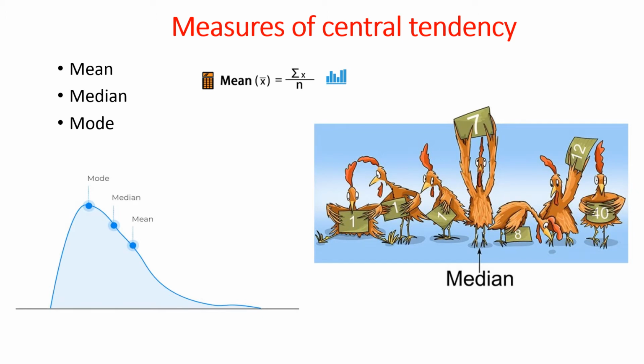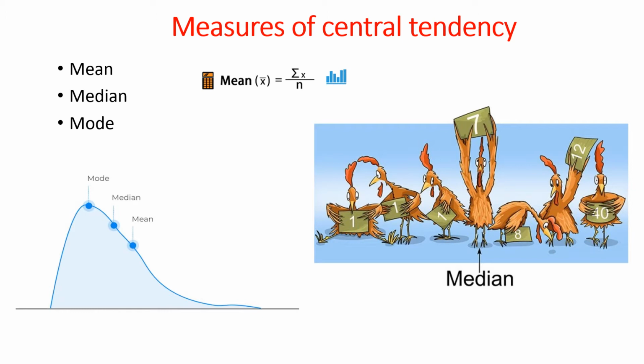You might ask then, if we have mean, why do we need to use median? I'll talk about it later, why we have these three types of measures of central tendency and which ones we can use. And the last measure of central tendency is mode.